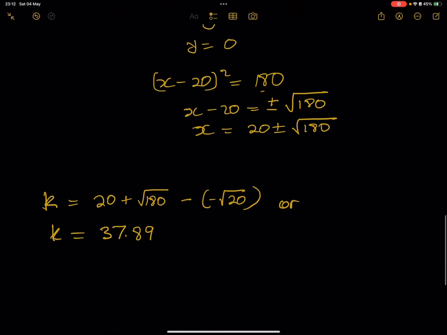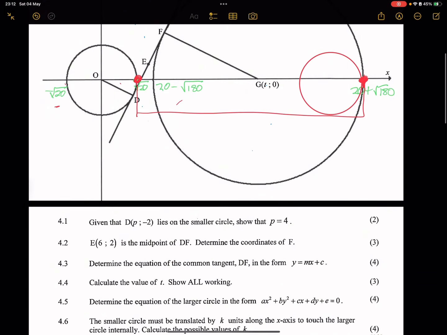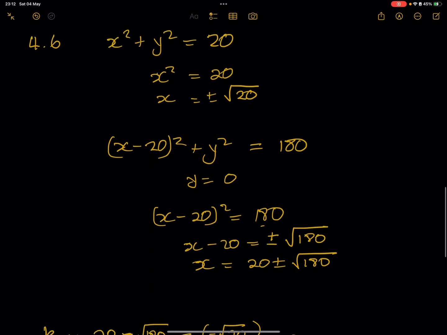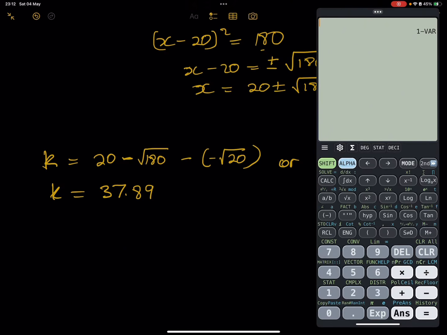So this was supposed to be 20 minus root 180 minus the negative square root of 20, which was the other value there. Let's see if I calculated it. This was going to be 20 minus the square root of 180 plus the square root of 20.